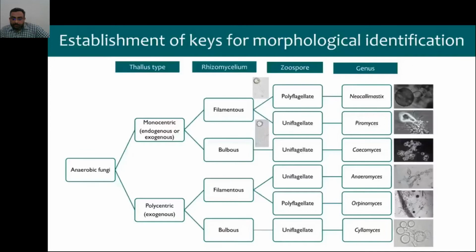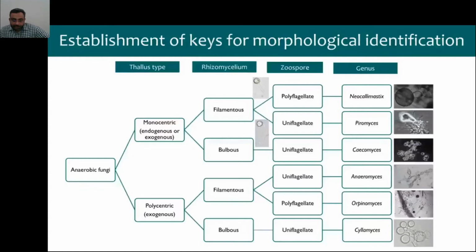So in case of monocentric filamentous, depending on the zoospore flagellation, if it is polyflagellate or uniflagellate, the genus or genera are characterized. So a monocentric filamentous polyflagellate culture is Neocallimastix, while the uniflagellate one is Piromyces.